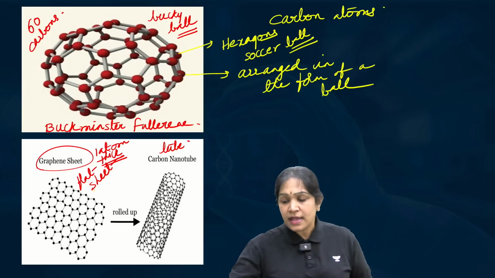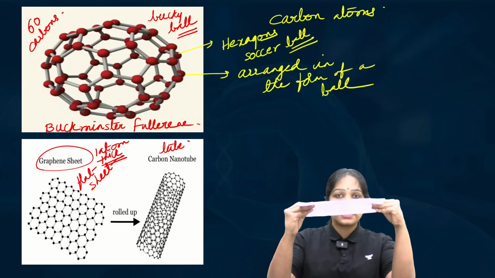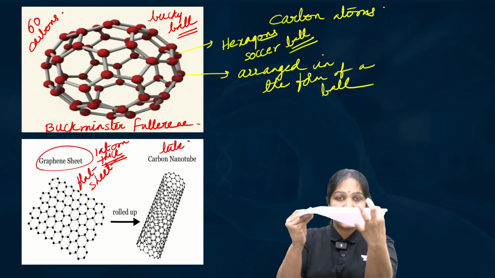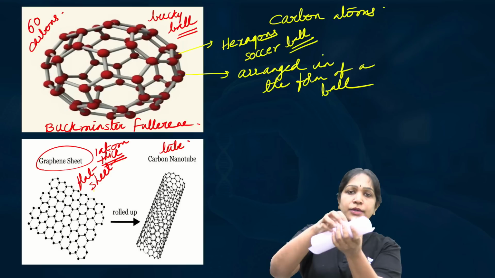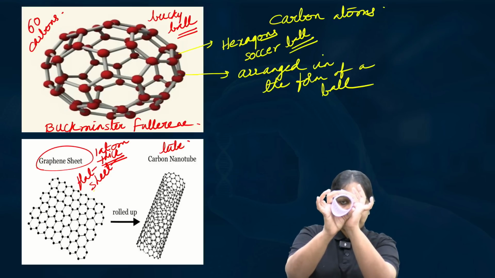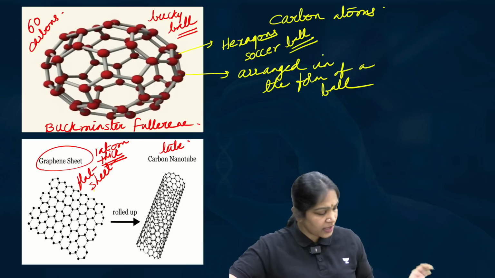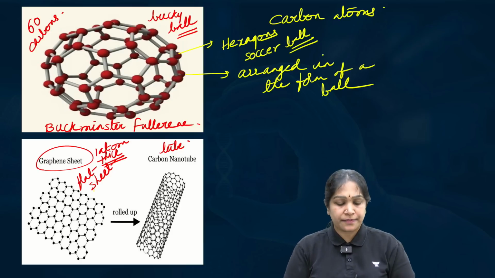If you assume this as graphene, a thin sheet of carbon atoms, then if this graphene is rolled up like a tube, this can be called a carbon nanotube. In all the three cases, the composition is the same. All the three are made up of carbon atoms.